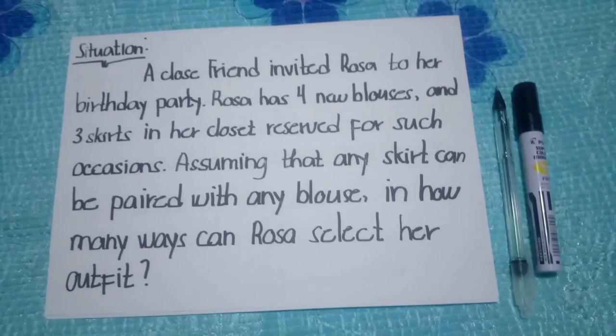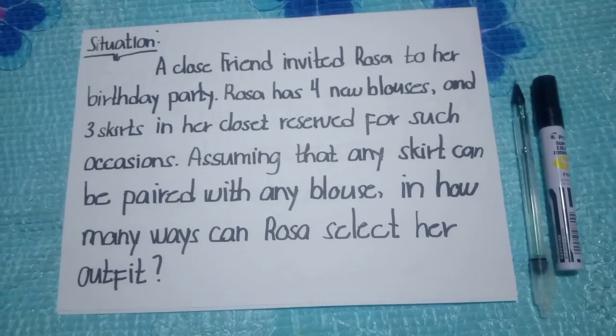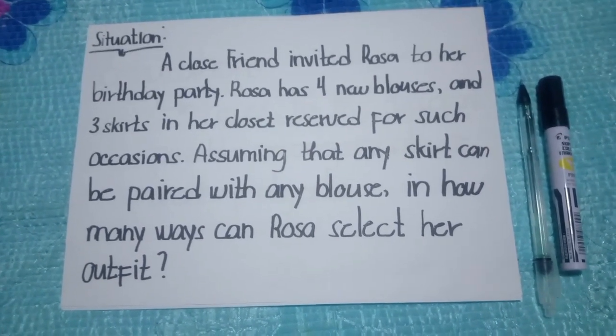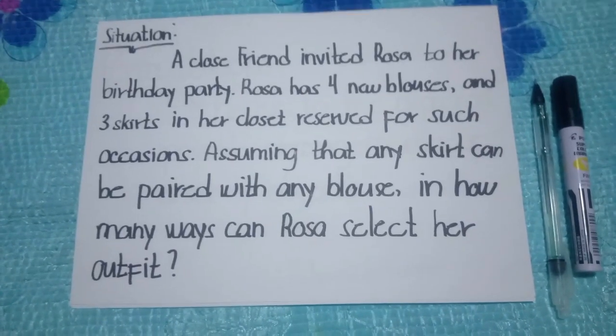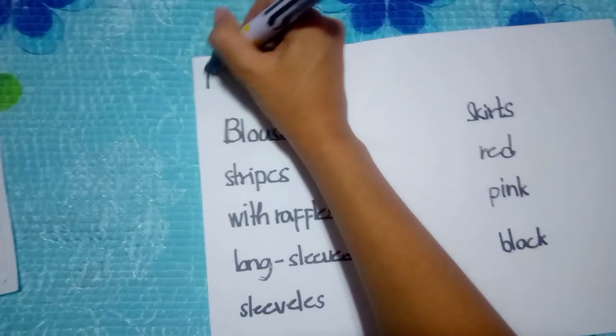So we have four ways to illustrate permutation. First, we need to do the listing.